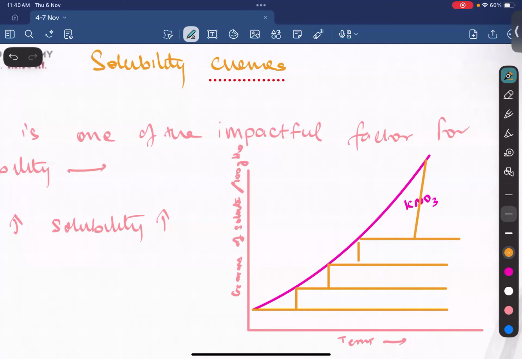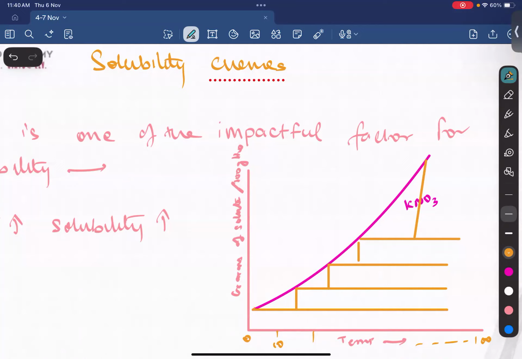Miss, can you repeat that again? Yes, I will. Here we have plotted temperature. See, this is 0, this is 10, this is 20, all the way to 100 degrees Celsius. Now we are increasing the temperature. At every temperature we calculate how many grams of solute dissolve in 100 gram of water.